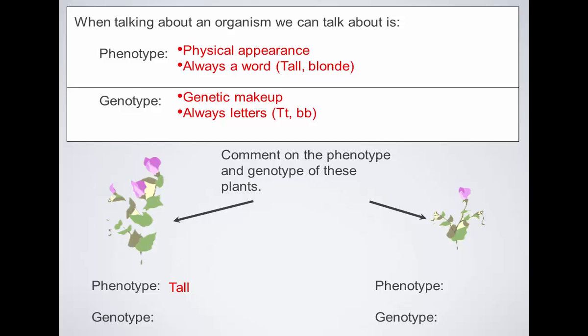They're all T's, but tell me big or little. Two capital T's, right. Is there another combination that would also give me a tall plant? Correct. So either of these genotypes results in a tall plant.